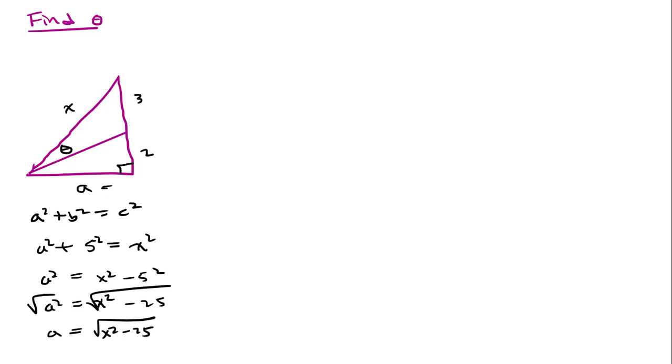All right, so we know that this bottom here is going to be the square root of x squared minus 25. Okay, all right. Now there's a lot of ways to solve this problem. Our goal is to find theta. Okay, but again, there's a lot of ways to solve this. So you might get a different answer, and that's okay because most likely it's the same answer as what I got, unless it's totally way out there.